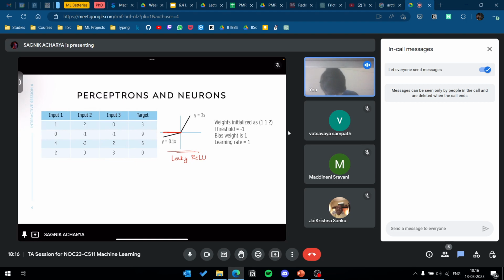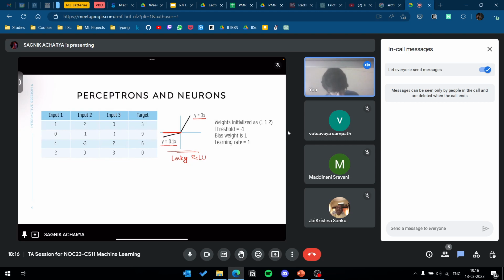But in this case we have a very small output. If the input is positive, then the output is y equals 3x. But if x is negative, then y is equal to 0.1x. So this is called leaky ReLU, right?